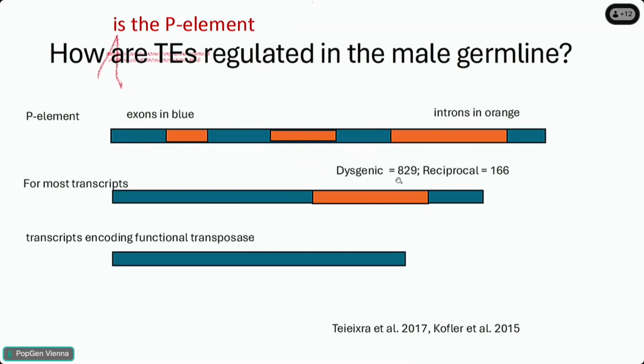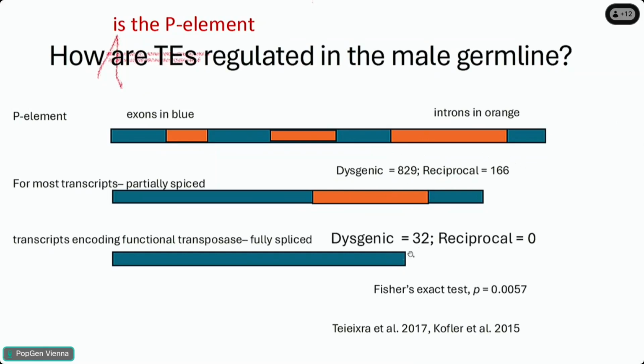So we counted roughly 829 transcripts from dysgenic flies and 166 transcripts from across our reciprocal samples that show retention of this third intron. So this is cases where the P-element is suppressed. Obviously, we have more transcripts in the dysgenic flies than we do in the reciprocal flies because, of course, there's more P-element expression in the dysgenic flies.